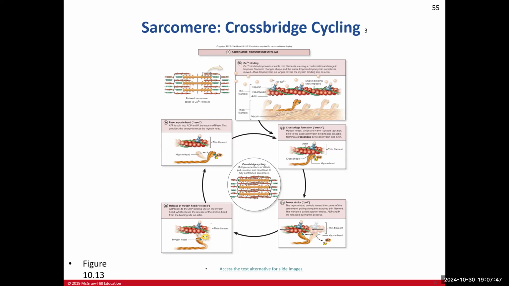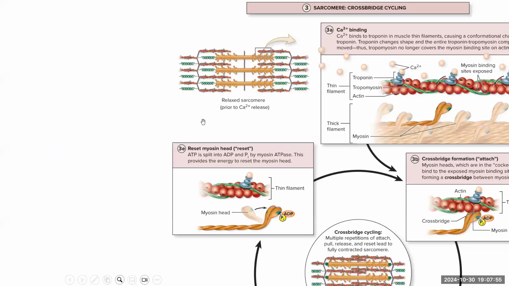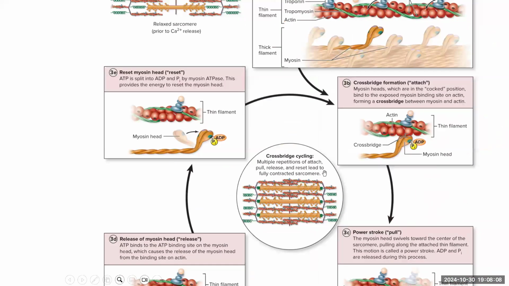It's fast. All right. So here you can kind of see when we're looking at our overall sarcomere appearance. If you look up here, that's the relaxed sarcomere. Okay, no cross-bridge formation occurring. And then here's what it looks like in the center of our screen. This is what the sarcomere looks like during that cross-bridge cycling. So you can see it got shorter.